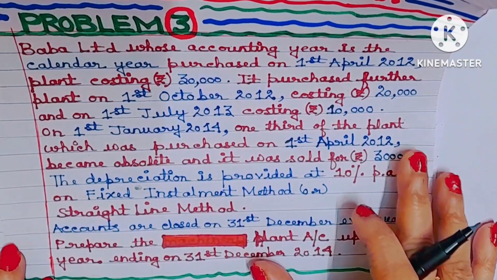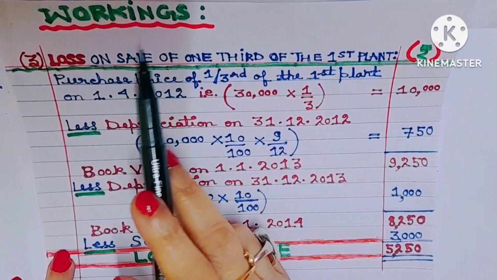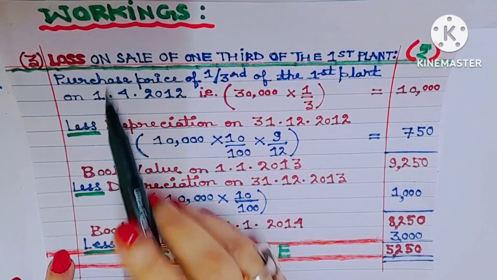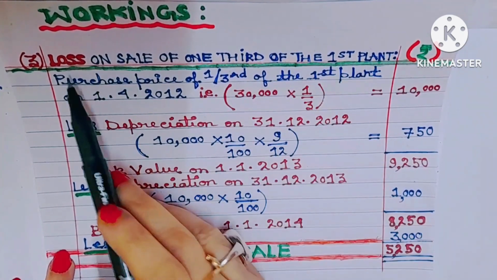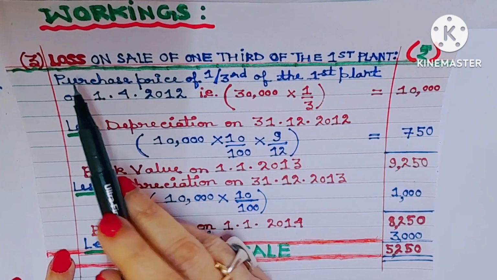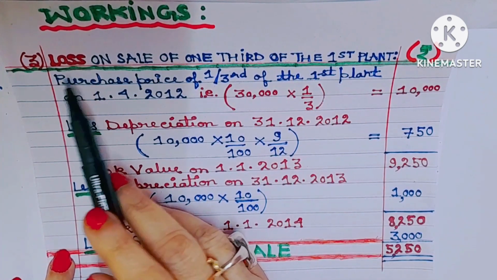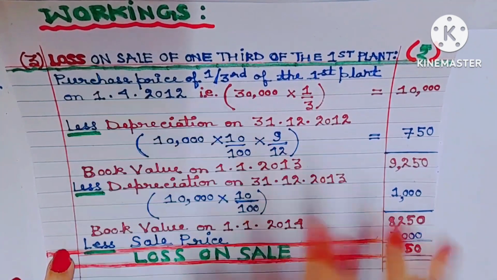Now we have to do the workings. Let me show you how to do it. Workings. Number 3. Loss on sale of 1/3 of the first plant. But you don't write loss yet because it could be a profit. Since I know, I have written loss. Otherwise you have to leave a blank space. After the calculation, you write loss or profit. Okay.